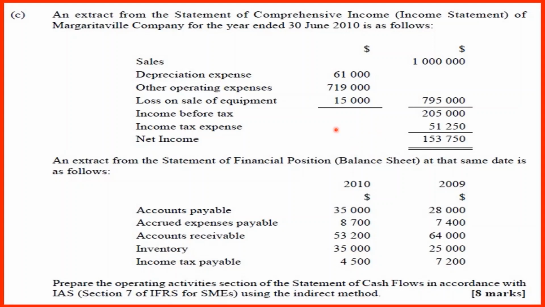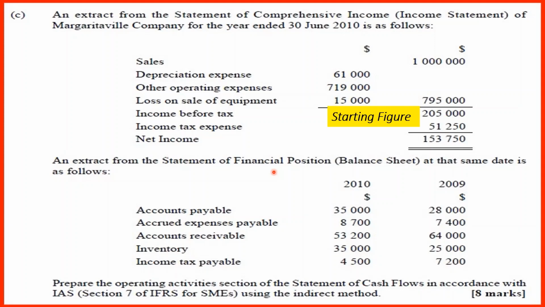Okay, so first we will have to do what we call the workings, and I will do it right here, indicating the figures which go into the statement of cash flows. First, the beginning figure will begin with the income before interest and taxes, and that would be this figure here, 205,000, since we do not have any interest.